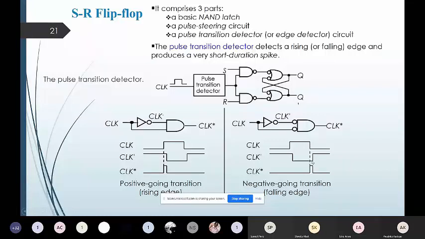And during that period here, we are observing the glitch generation into this clock star signal. So this is said to be the glitches generation which are going to hamper the circuit behavior, and those are the things which are unwanted into the further digital circuit operations.